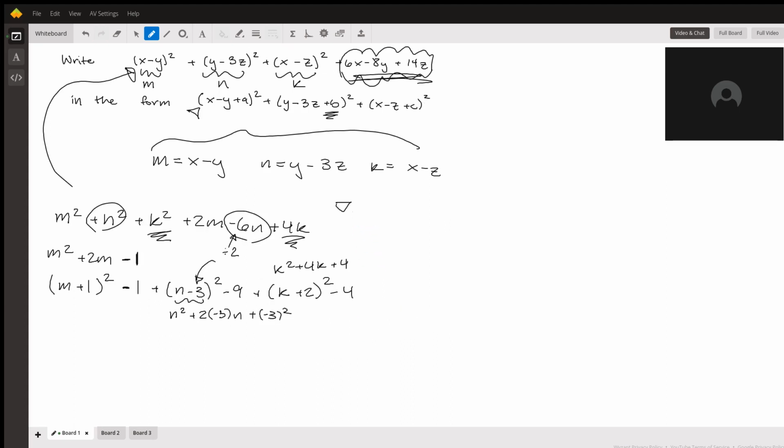So my final version of this expression is going to be m plus 1 squared plus n minus 3 squared plus k plus 2 squared. And then I'm just going to group all these constants together. So I have negative 14.